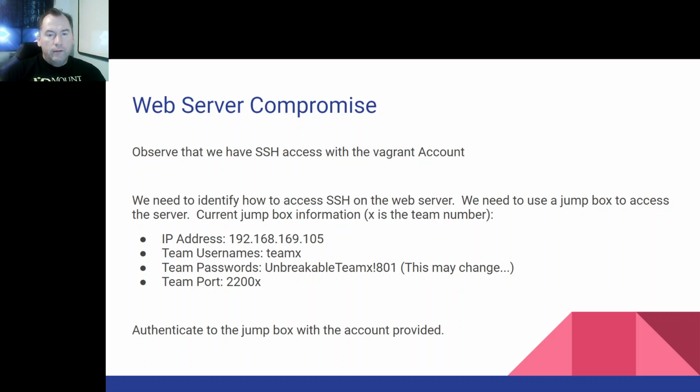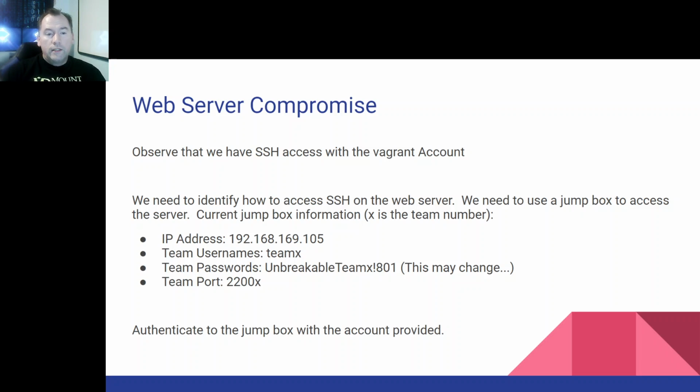On the pfSense firewall, I have some ports that are port forwarded. So from the jump box, which currently is 192.168.169.105, you need to log in. Sorry, real quick, this is only if you're connected to the VPN.